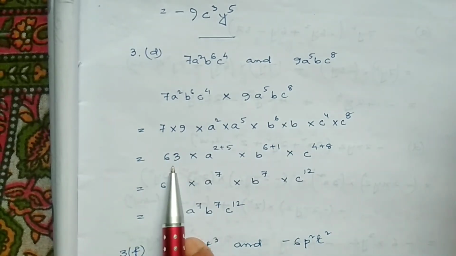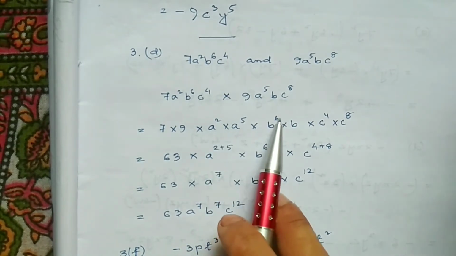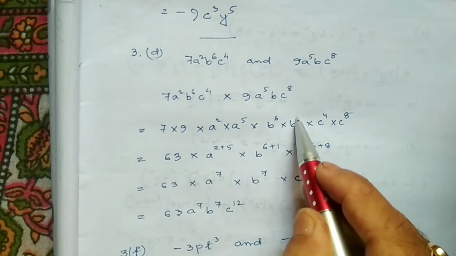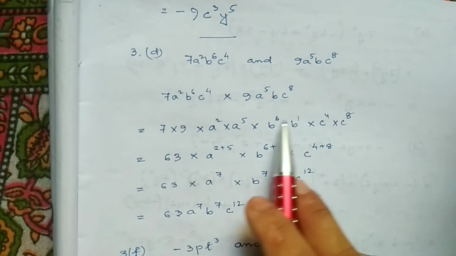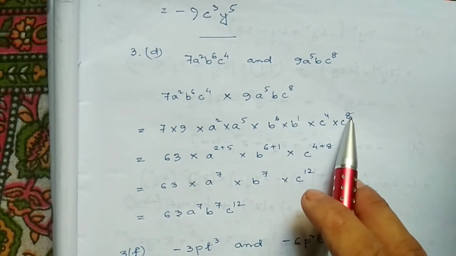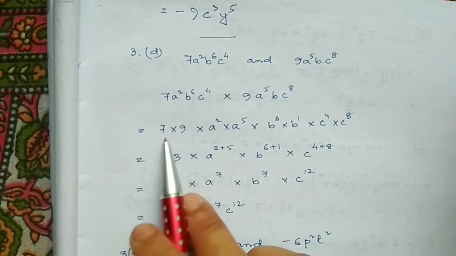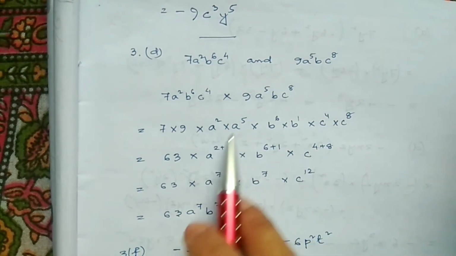7 9 is 63. A to the power 2 plus 5 you write here. B to the power 6 plus 1, I told you since nothing is there, that means power is 1. And we know whenever bases are same, powers are added, so it will be 6 plus 1. And c to the power 4, c to the power 8, it will be c to the power 4 plus 8. Fine. So 7 9 is 63. A to the power, powers you add, 5 plus 2.